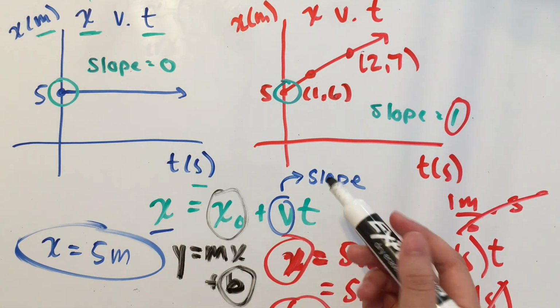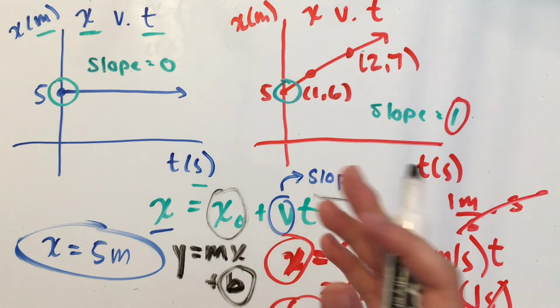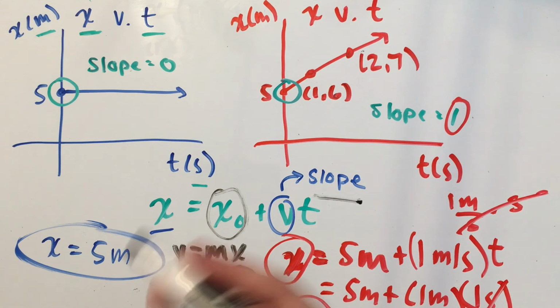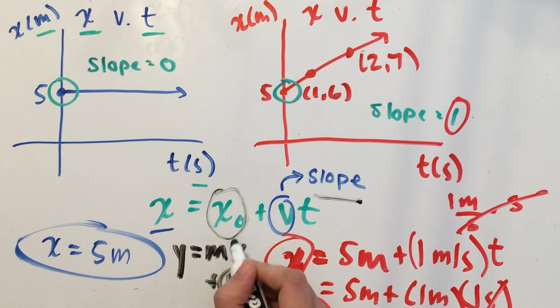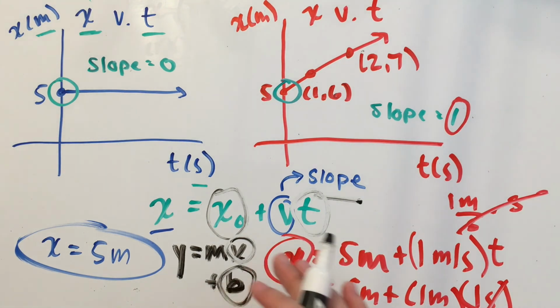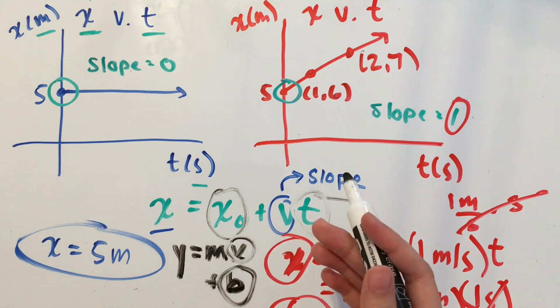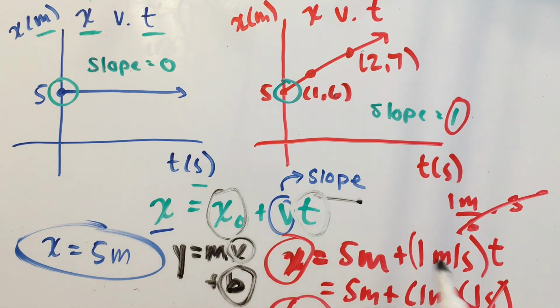And velocity, as we said, is the slope of the graph, and that's going to line up with m, which is also the slope of any graph. And then x, the variable x, is going to line up with our variable t. So just in case you ever forget about this, just think about y equals mx plus b, and you'll remember this in no time.